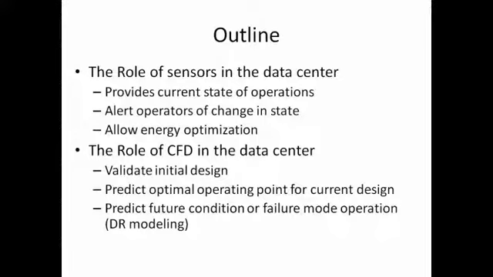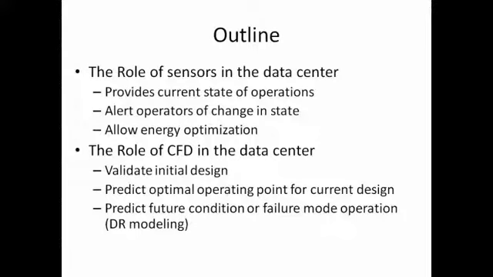But it is looking at past performance or current performance. It does allow you to do energy optimization because you can see the state of where things are right now and make adjustments accordingly to reduce energy consumption or improve cooling efficiency. The role of CFD in the data center is to predict what will happen based on changes.